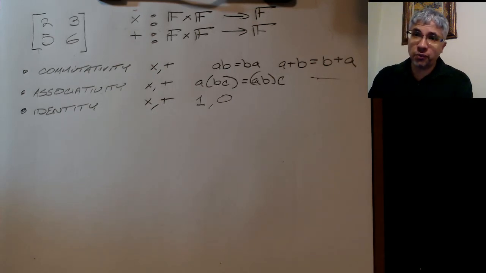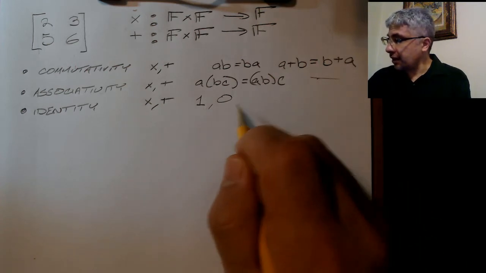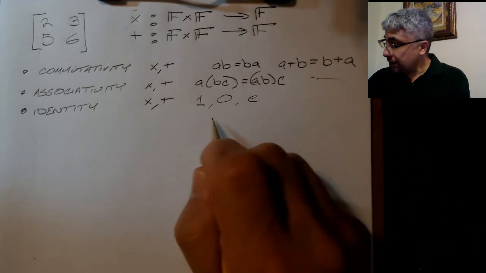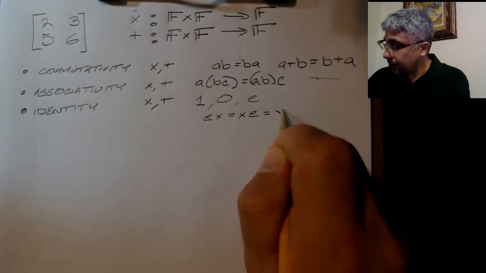And like I said before, we could use different names for these things, but we have to have something that acts in that fashion, right? So being an identity, like let's say I wanted to call my identity E, like we often do in group theory, we would need something where EX equals XE equals X.